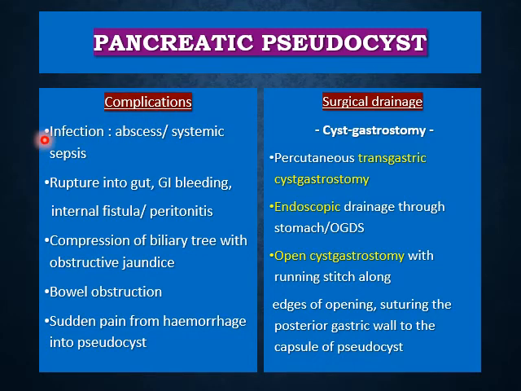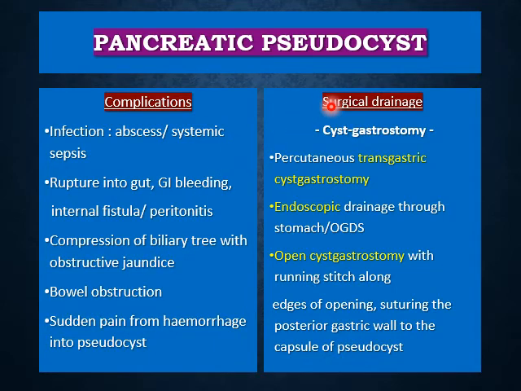Okay, the complications include infection leading to abscess formation and septicemia, rupture into the gut, leading to GIT bleeding, internal fistula and peritonitis. The cyst, when large, can cause compression of the biliary tree with obstructive jaundice, or bowel obstruction due to external compression by large cysts, and sudden pain from hemorrhage into the pseudocyst. Patient can suddenly bleed into the pseudocyst, causing severe pain and shock.